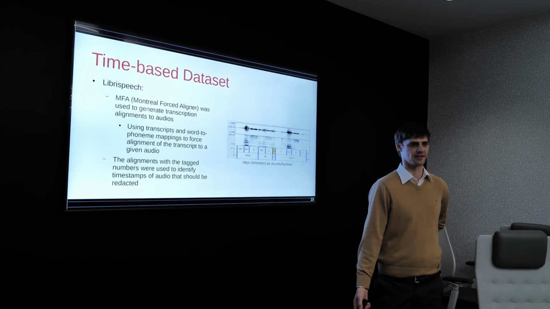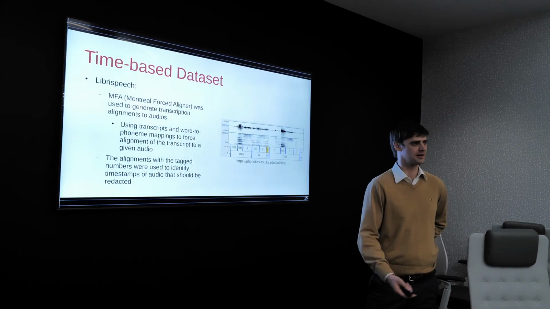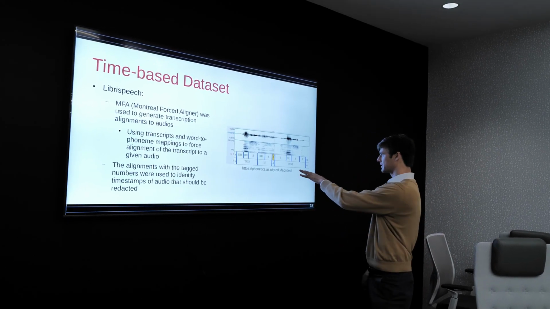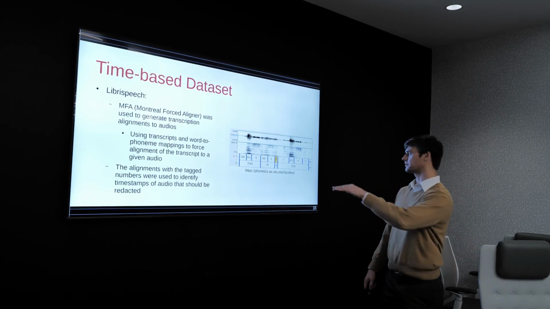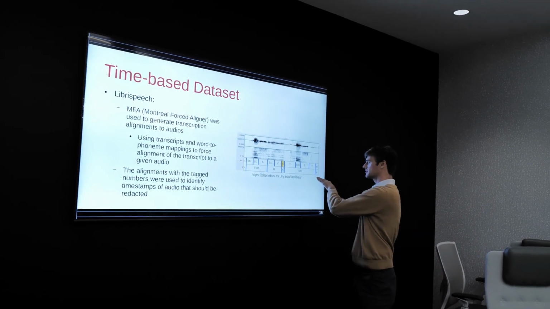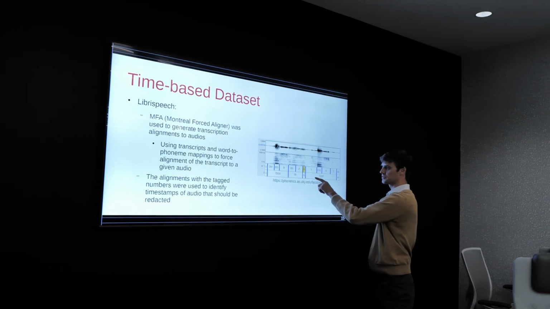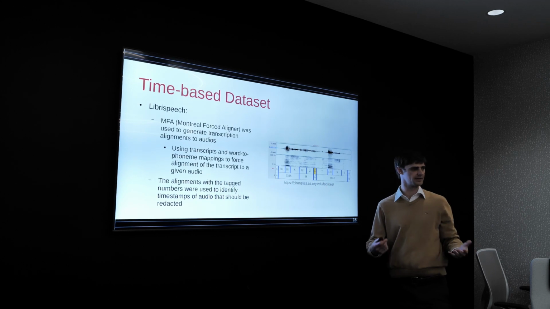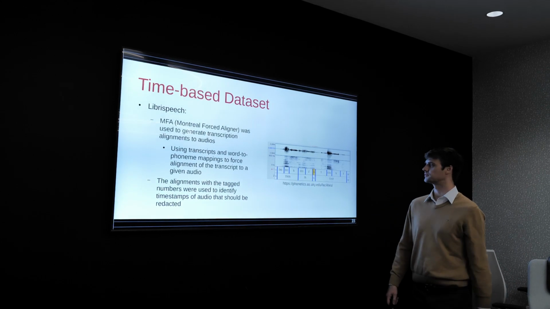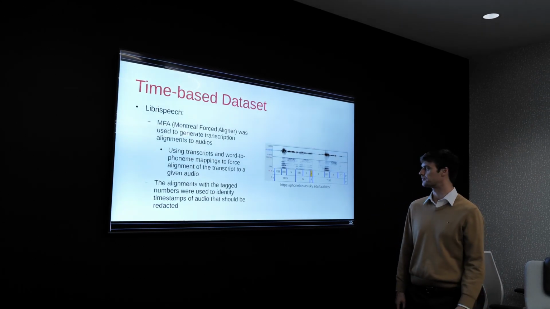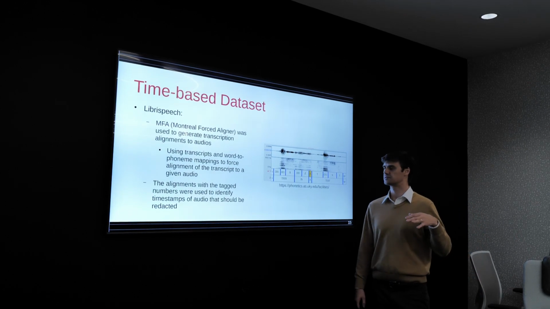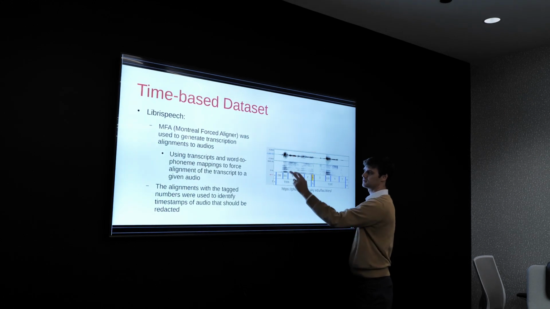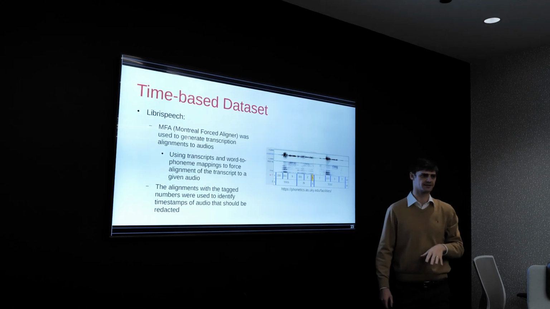One way is to use forced alignment. I know what my transcript was, I know what the audio is. So you can do something like this. This is the Montreal Forced Aligner. If I have a transcript, I can decompose these words into the phones, the sounds that make up those words, or are likely to depending on the dialect, depending on the regional variation, etc. And then I can use a language model, an acoustic model, to try to match those phones into the audio in each of those places.